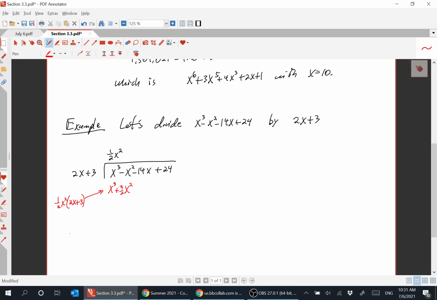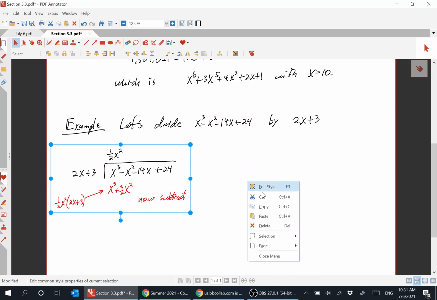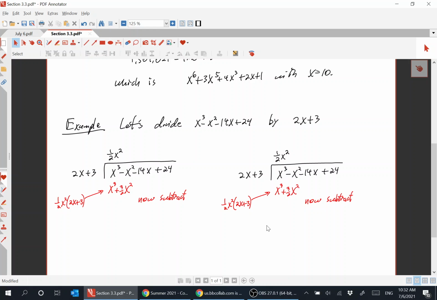All right, and now what I need to do is subtract it. Now subtract. So what I'm going to do is I'm going to take this. You would do this all with one bracket, but I want to show it step by step in the notes. So I'm going to subtract this.